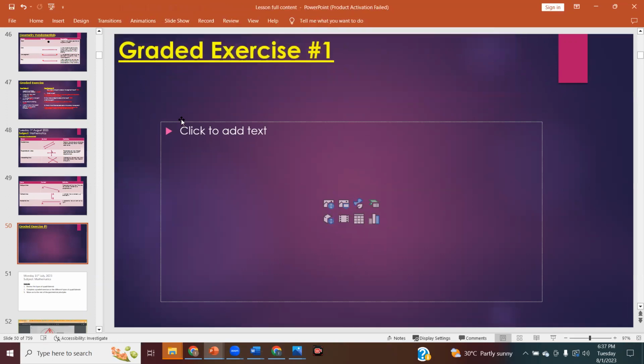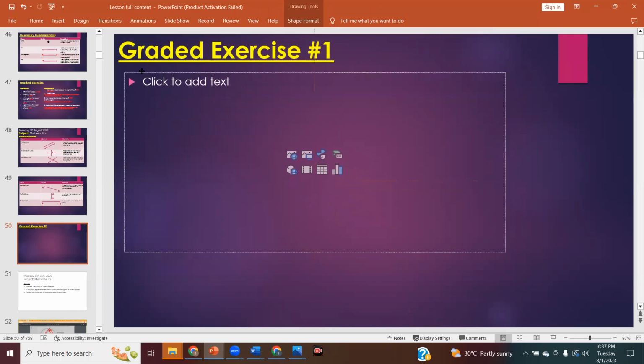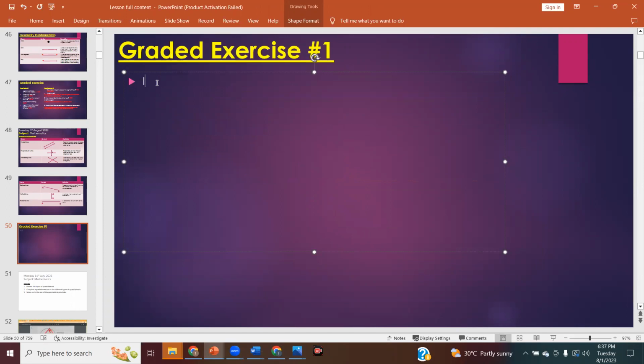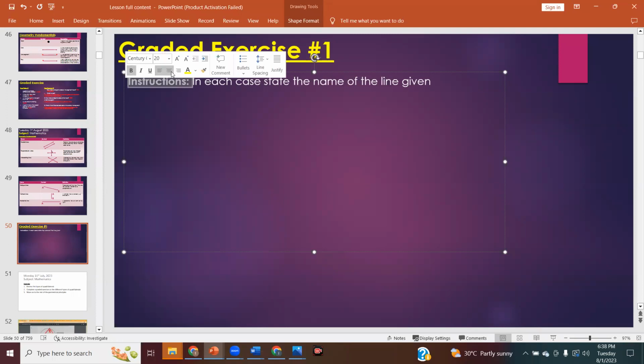All right, so in each case, let's call this instructions. In each case, state the name of the line given. So you have to tell me the name of the line that I give you on the screen.